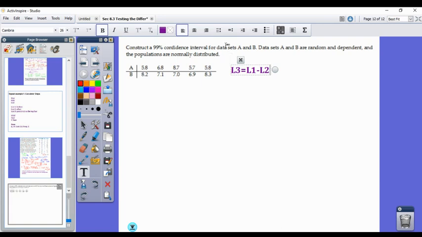Okay. All right, so after you're there, what you're going to do is you're going to click stat and then test and then t interval. Okay, so stat, test, t interval.